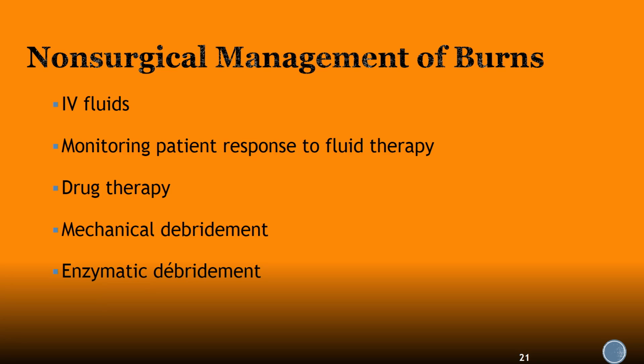Drug therapy, there's going to be analgesics, opioid and non-opioid. Often there will be antibiotics because the risk for infection is so tremendous. And different types of debridement, whether they do it surgically or with different kinds of chemicals.